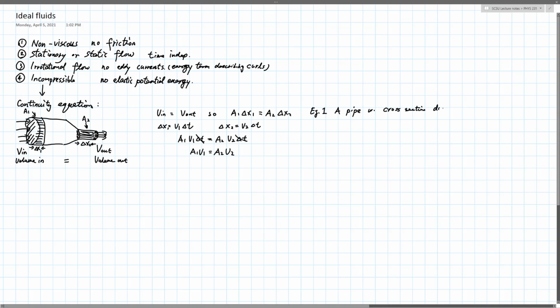cross-section diameter of 25 millimeters, and water flow of, make it relatively small, 0.40 meters per second, encounters a reducer.